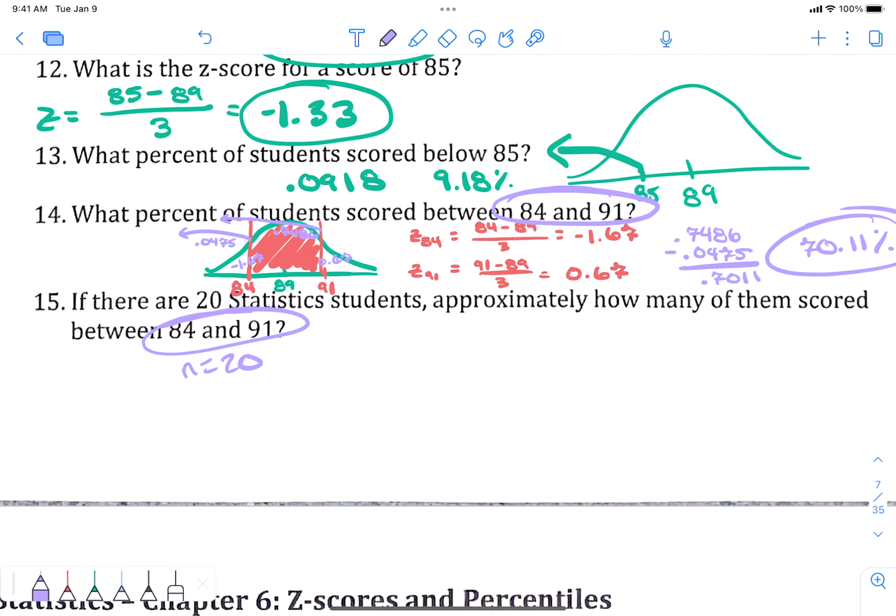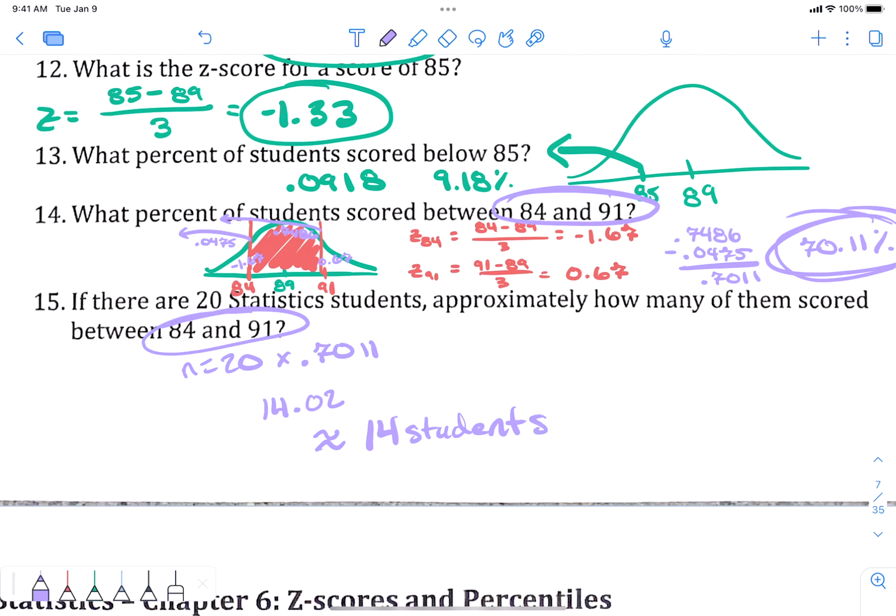We know that 70% scored between an 84 and a 91, so we multiply that by 20. What's 70% of 20? About 14.02, but we can't have 0.02 of a student, so we say approximately 14 students.